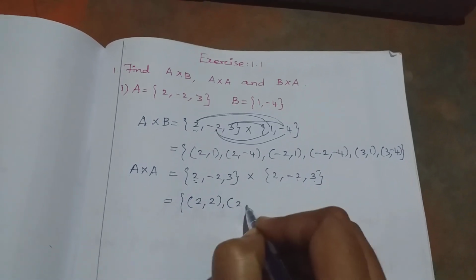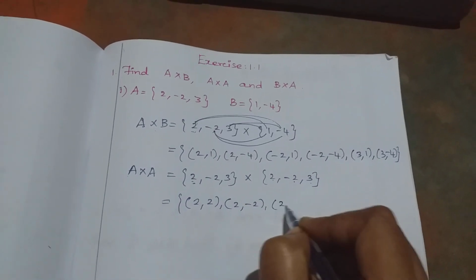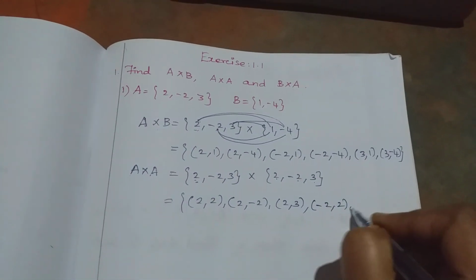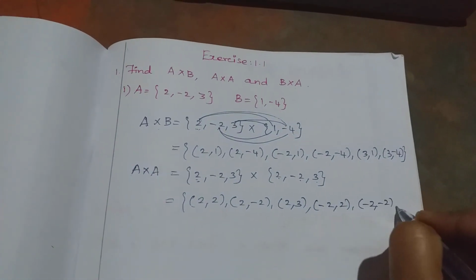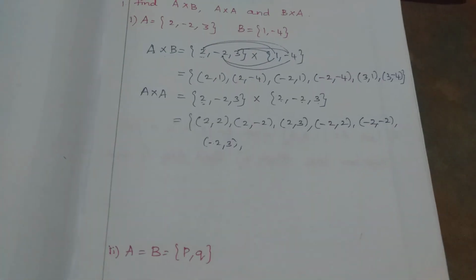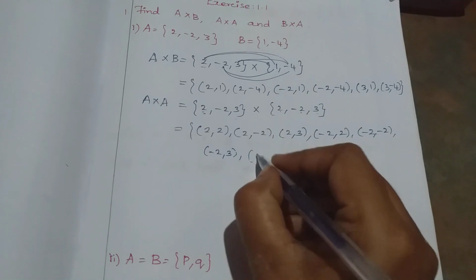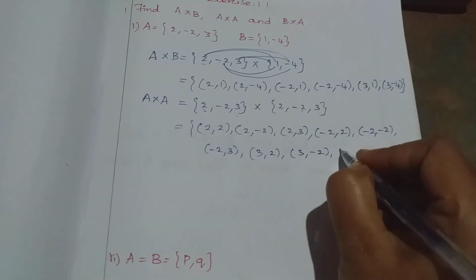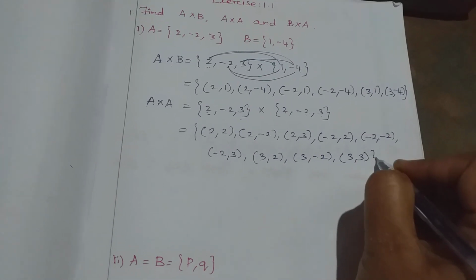Next one, (minus 2, 2), (minus 2, minus 2), (minus 2, 3). Next one, (3, 2), (3, minus 2) and last (3, 3).